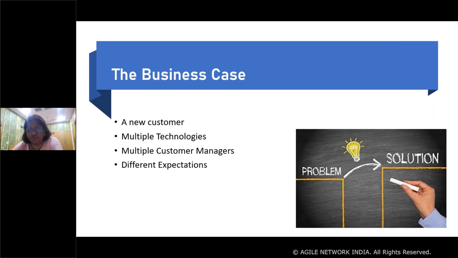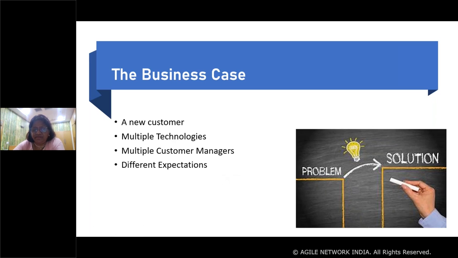So we had to cater to everything. With a new customer, the management was very focused and wanted us to deliver results quickly because they were expecting a lot of business to come downstream.